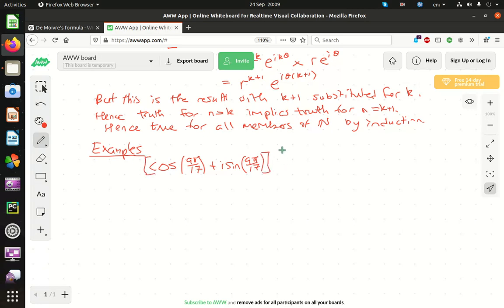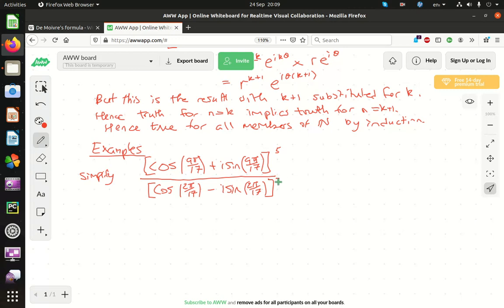We're going to simplify this. Then we've got on the bottom cos 2 pi over 17 minus I sine 2 pi over 17, to the power of, what is it, 3 or something like that.